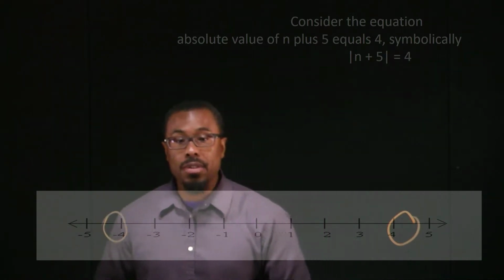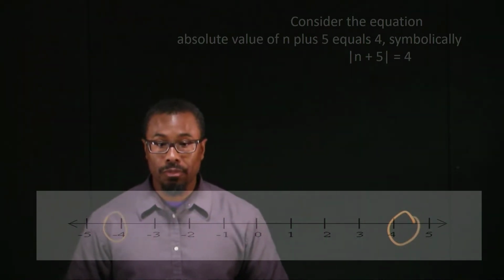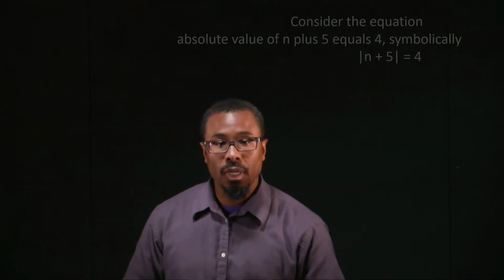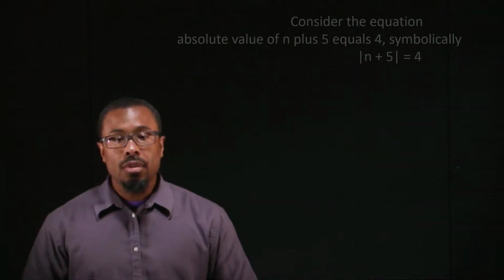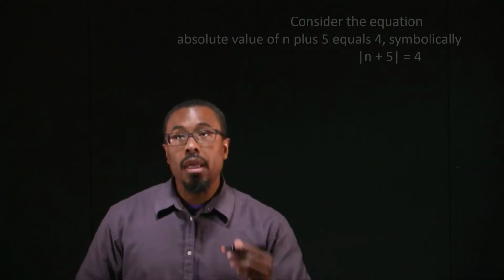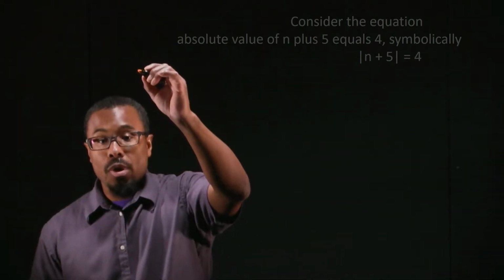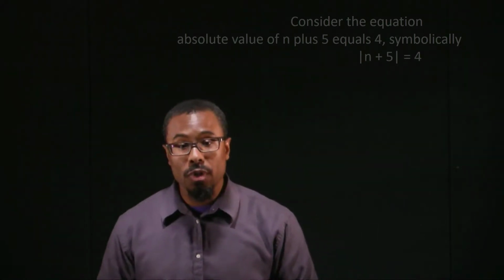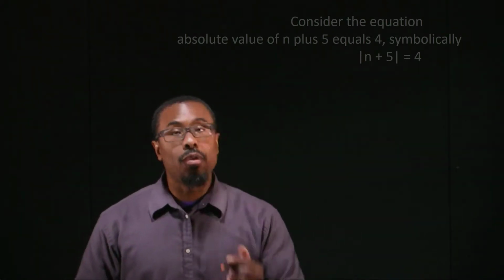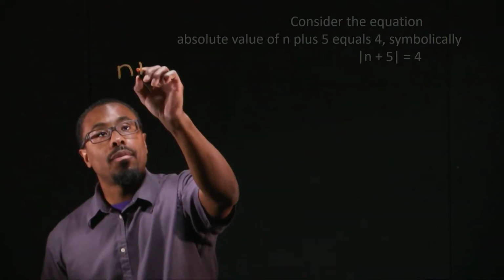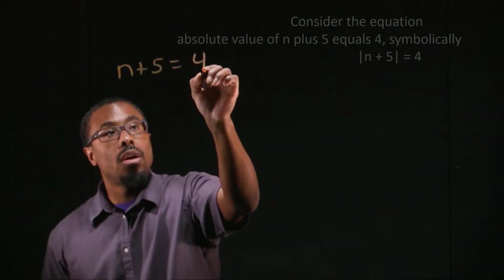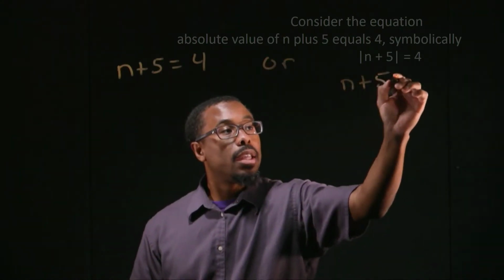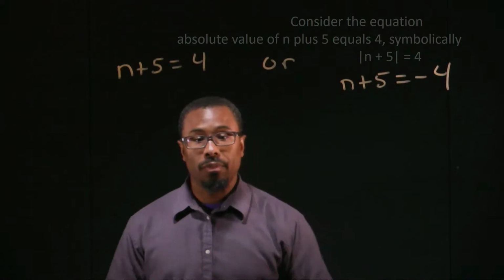So n plus 5 must be equal to 4, because that's what's 4 units away from 0, or n plus 5 equals negative 4.